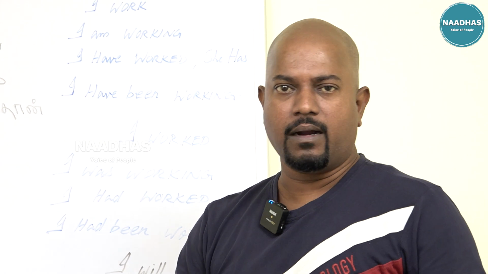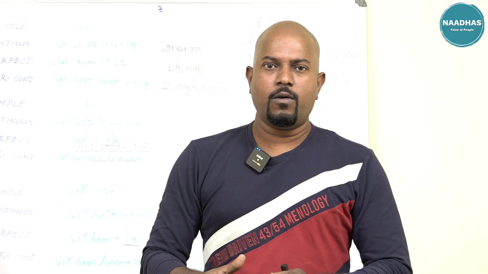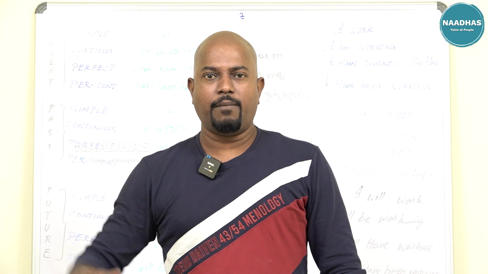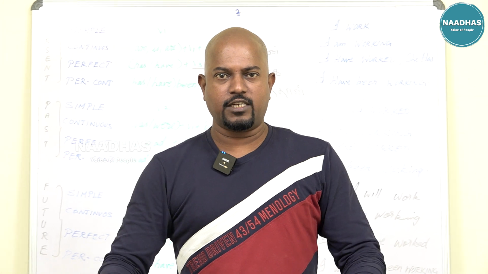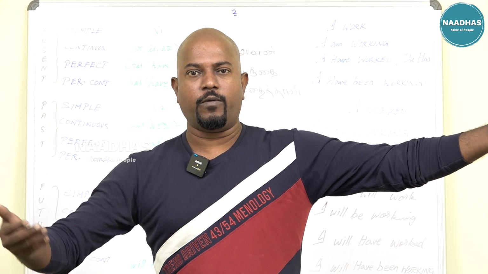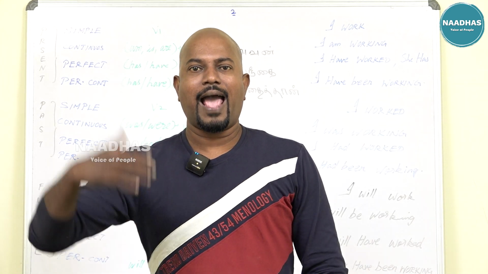I had been working for the past 3 years means I worked there for 3 years, but right now I quit. I don't do it anymore. If I tell you I have been working in this company for 10 years, it means I started working 10 years ago and even right now I'm continuing. That is the difference between have been and had been.